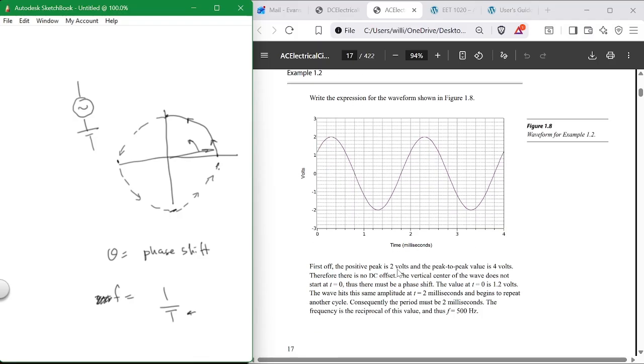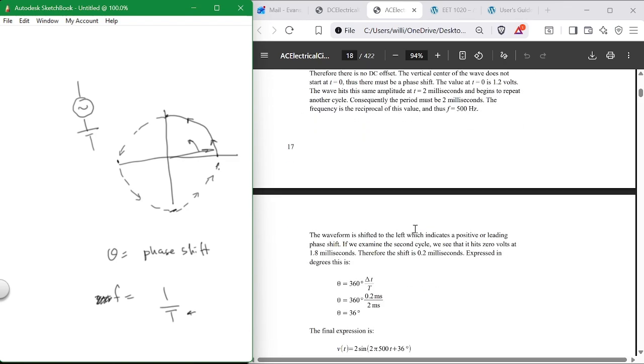So we got, here is where it cuts and cuts again. Now here's where it cuts here. So we got to go over to the same point where it cuts again, and the period here is 2 milliseconds. Okay. You see that? It's where it cuts, to where it cuts the same way, same place again, and I go over here and it's 2 milliseconds. So T is 2 milliseconds, f is 1 over T, and away we go.